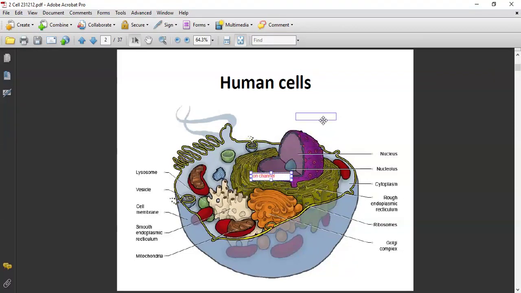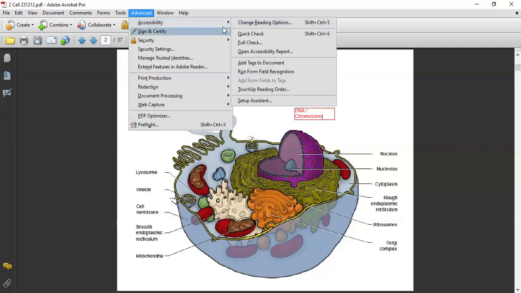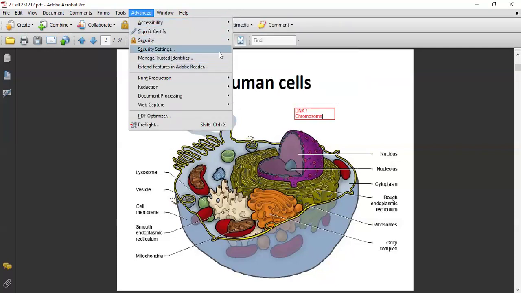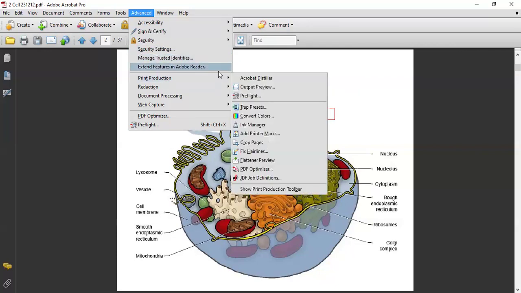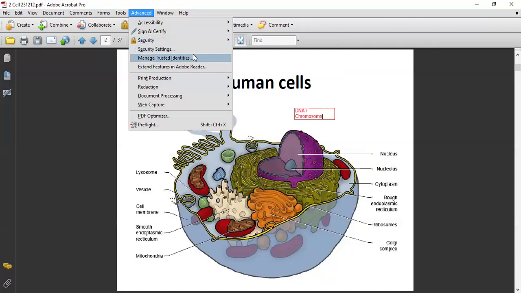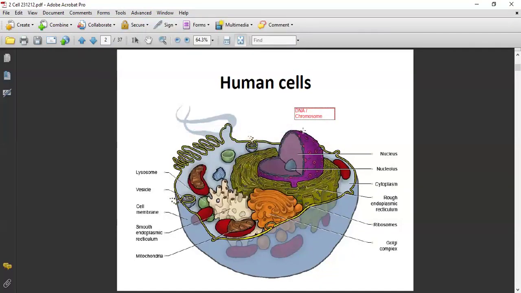Here we have the DNA, which is part of the chromosome, and they are located inside of this nucleus.